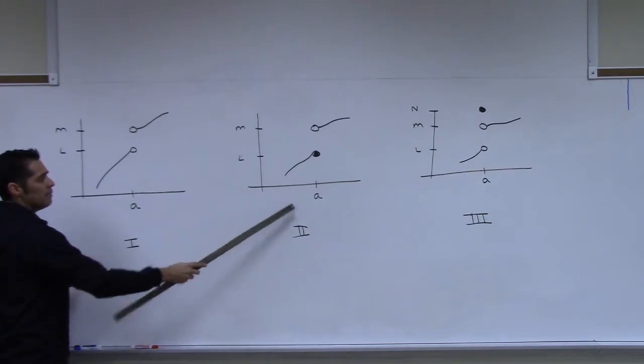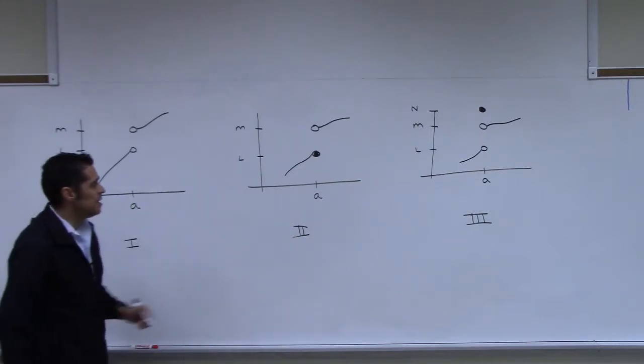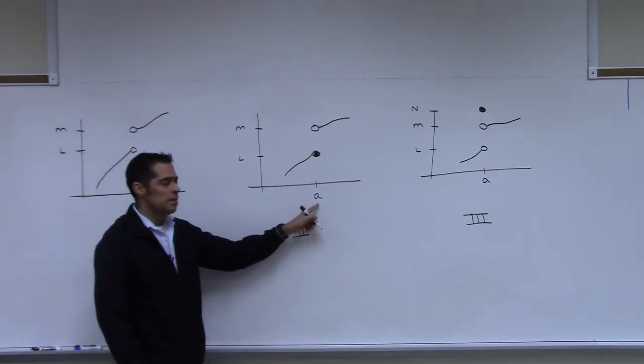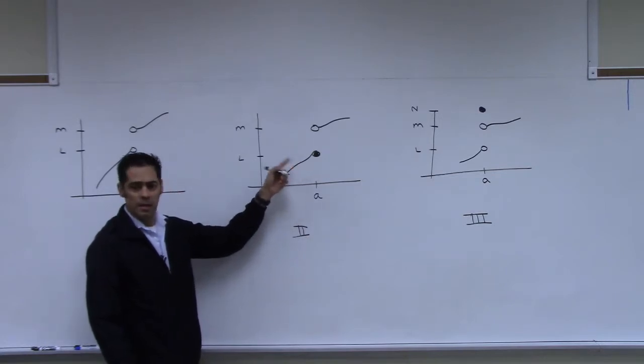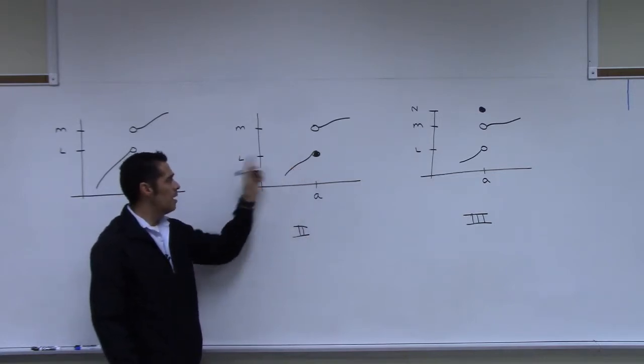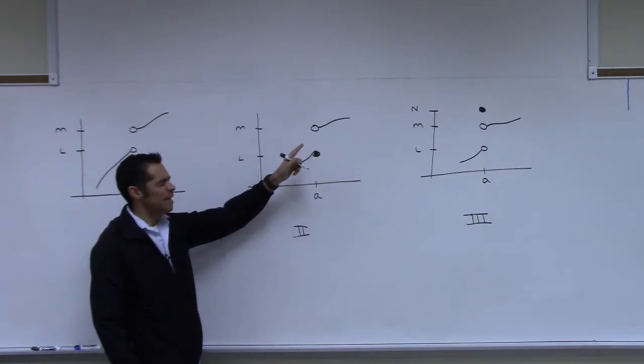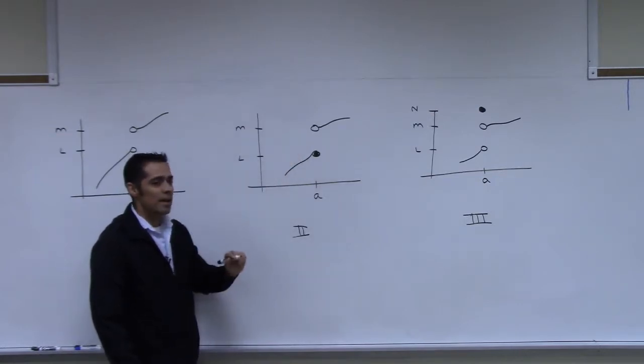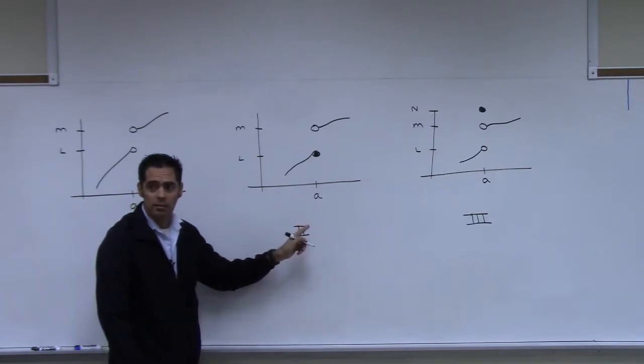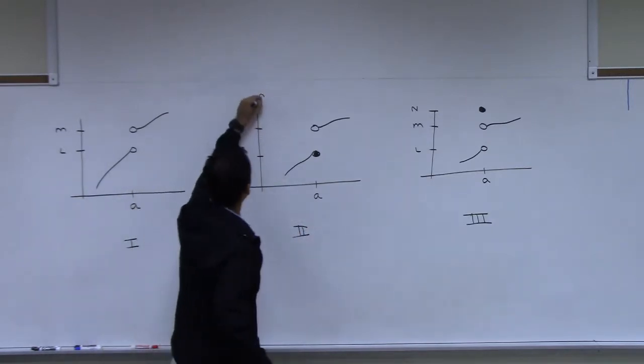Okay, how about over here? Does the limit exist at A? No. Does the limit from the left exist? Yes. And what is it? L. Limit from the right exist? What is it? M, sorry. M. Okay, now what is f of A here? What's the function's value? By the way, these are all f, okay?